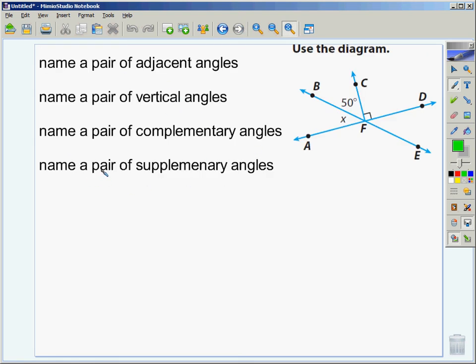Quiet, please. Supplementary. If I use AFE, I need something that I can tell is going to add up to 180. Anything that makes a straight line is going to add up to 180. So I'm going to look at this angle, which is DFE. Question. Would BFD work? No, those would be vertical.